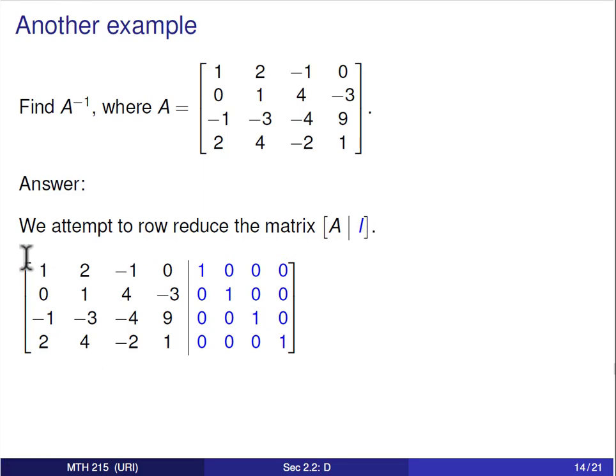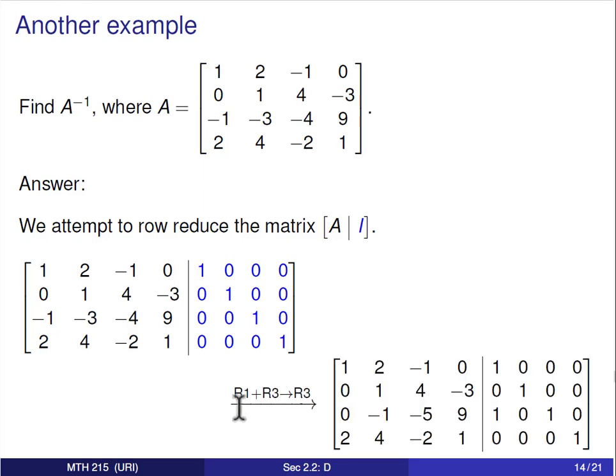So to start, I know that my first two rows look okay as far as the first column goes, but I'm going to need to take that pivot position in the first row and use it to zero out the entries below it. So I might start by adding row 1 to row 3. You'll notice that as we do that on the left, we also need to do the same thing on the right. So I'd add row 1's blue entries to the third row.